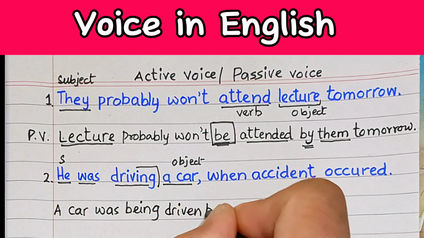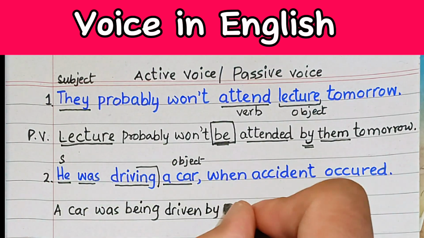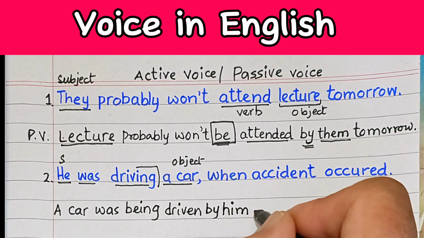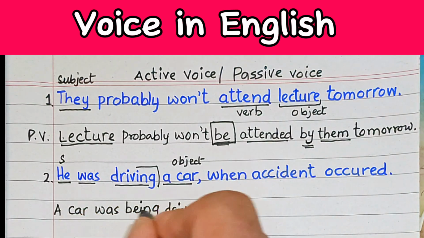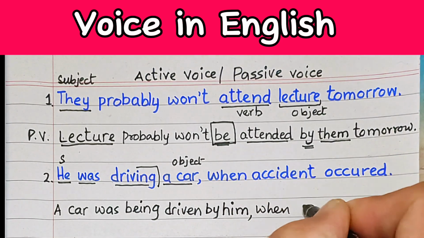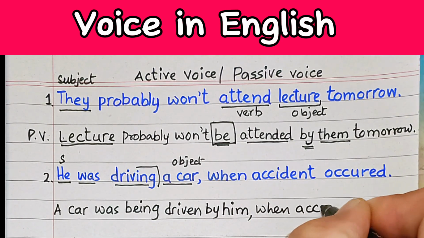Now who is the doer? By. He has its objective, that is him. A car was being driven by him when accident occurred.